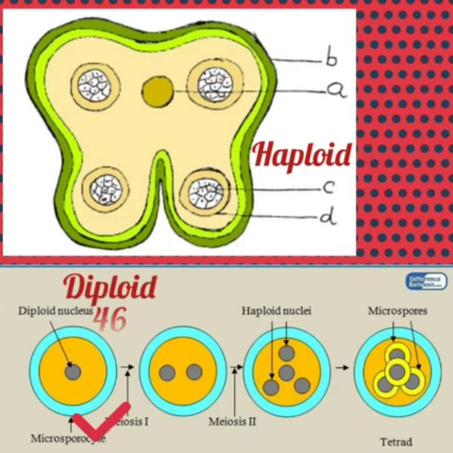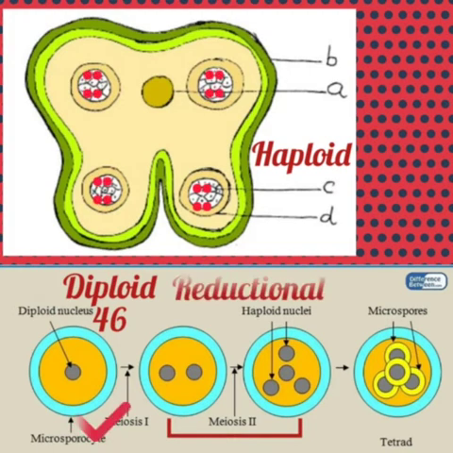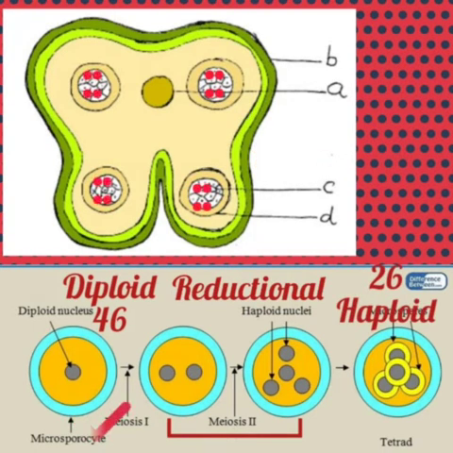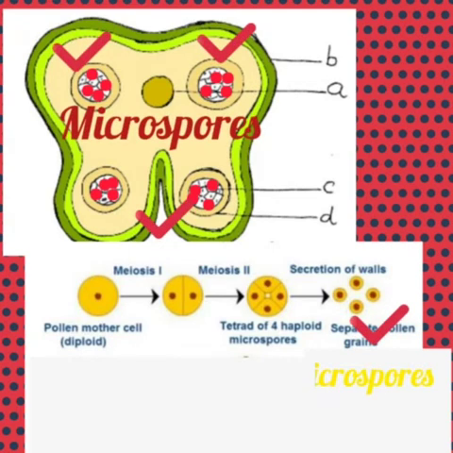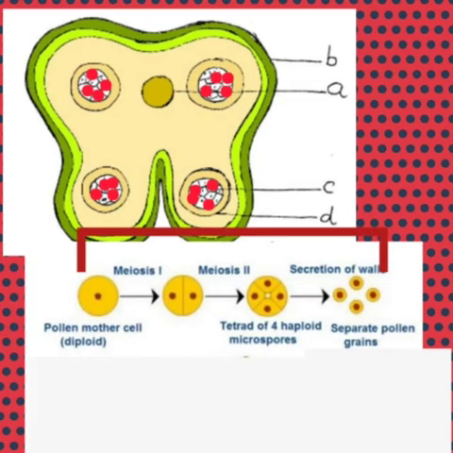Because the microspore mother cell underwent meiotic cell division, which is a reductional cell division. It reduces the chromosome number to half. Now, these microspore tetrads in the next step will get separated from each other, and these individual cells are known as microspores.